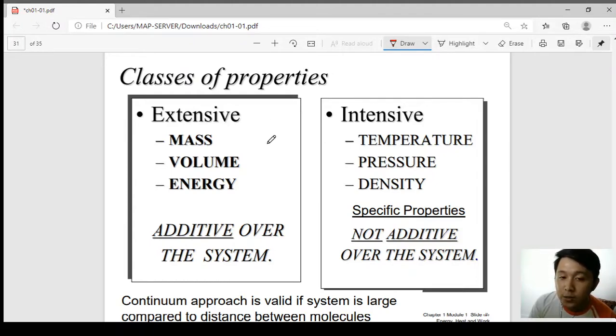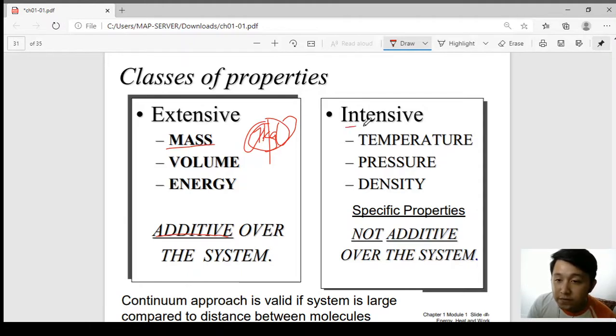So depending on the size of the system, they differ. For example, we have 1 kilogram of rock. If we split it into 500 grams and 500 grams, the mass is different, the volume is different, the energy is different. So it is additive over the system.